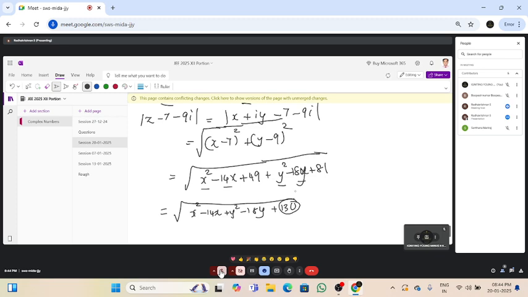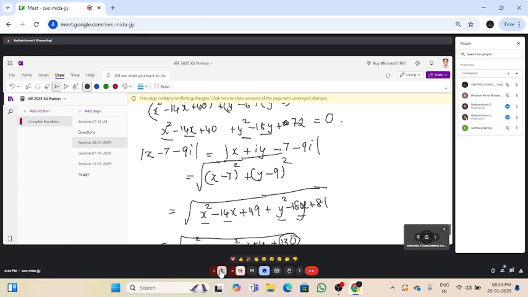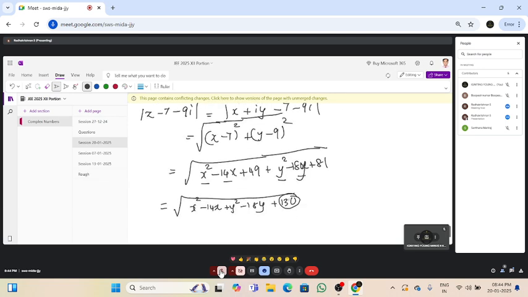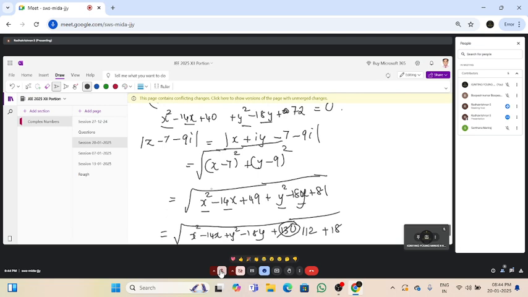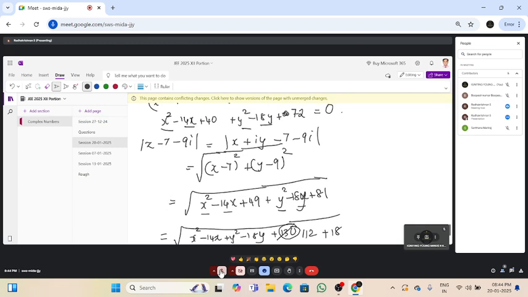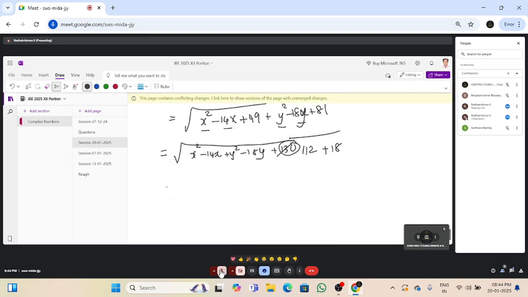This 130 we have to write as 112 plus 18. And you see that x² − 14x + y² − 18y + 112 is equal to 0 from the first equation. So that is how it simply becomes the square root of 18.